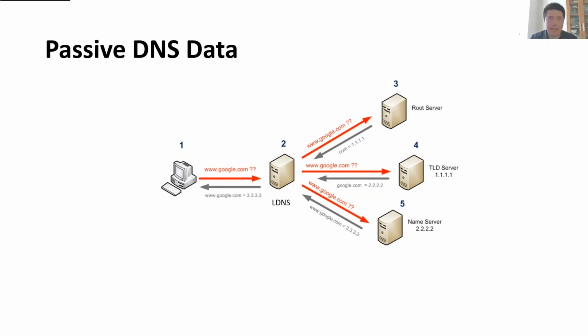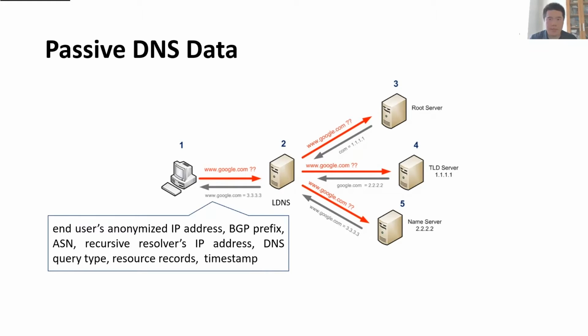Each deep packet inspection appliance parses the DNS response messages from recursive resolvers to end users and generates a log for each response.